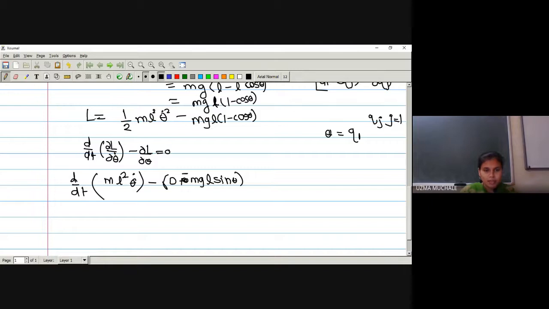The value of L we have to evaluate with respect to theta: the first term does not involve theta, so that is 0. Minus, the derivative of 1 is 0. This minus minus becomes plus, mgl as it is, since mass, gravitational acceleration and length of the string are constant. The derivative of cos theta is minus sin theta, and that minus we have kept.